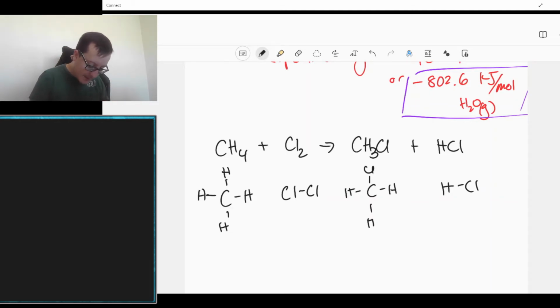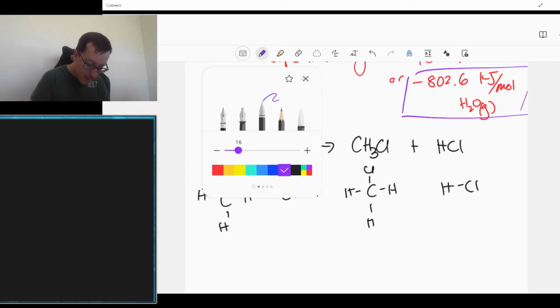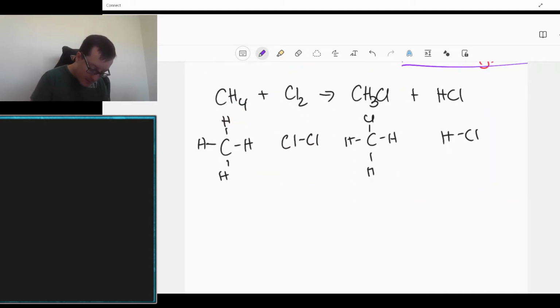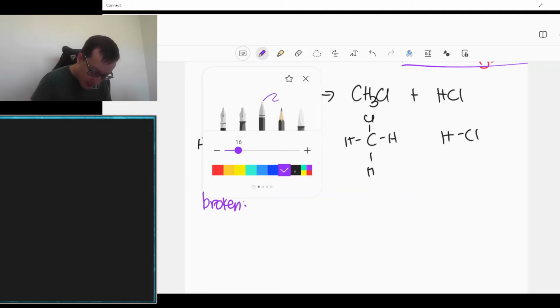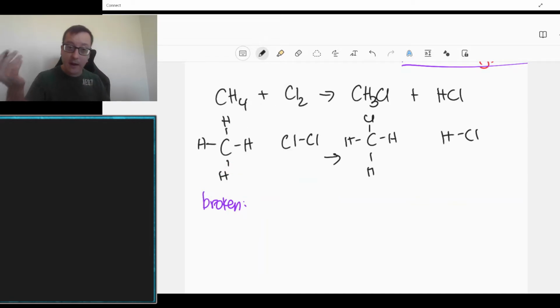Okay, let's see what's being formed and what's being broken here. So broken goes first. It's positive values. These are things that will be in the reactants, but not in the products. So if we're looking at this, let's see what we have here. We have CH4, so 4 CH bonds.